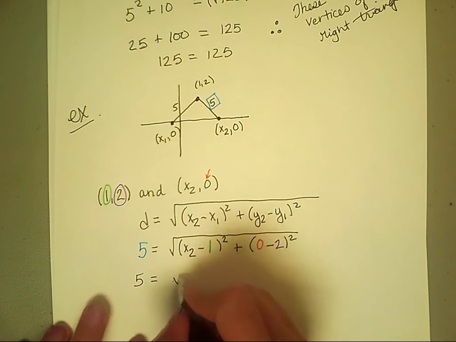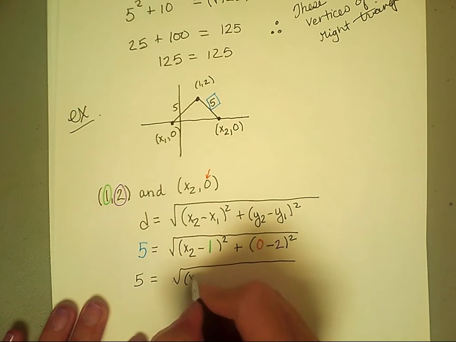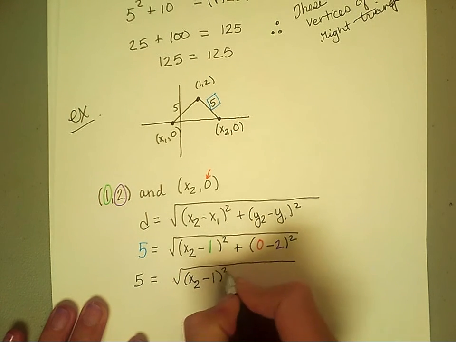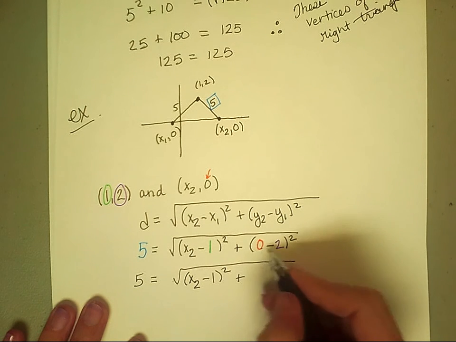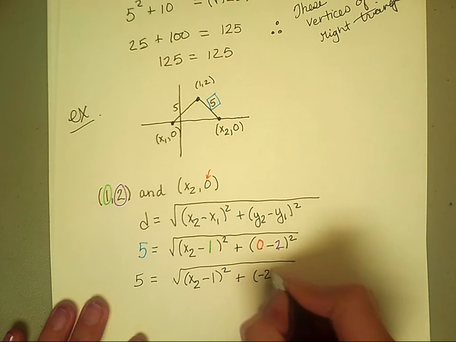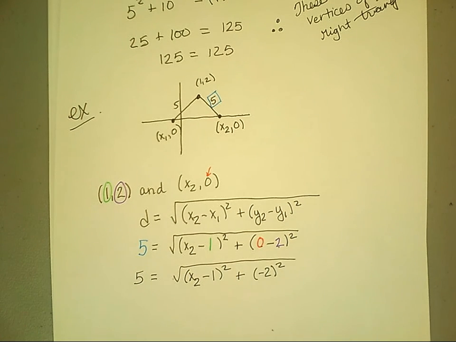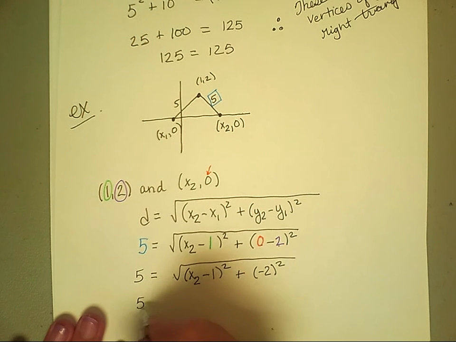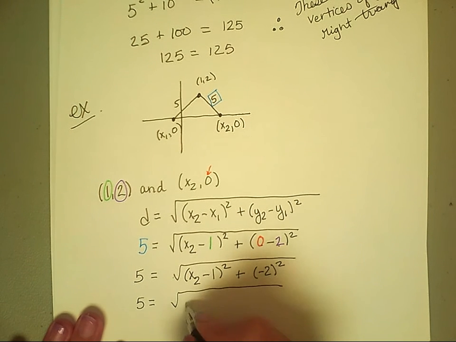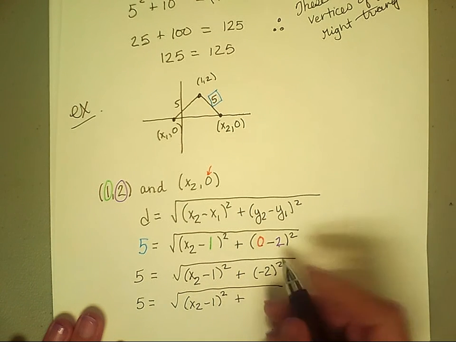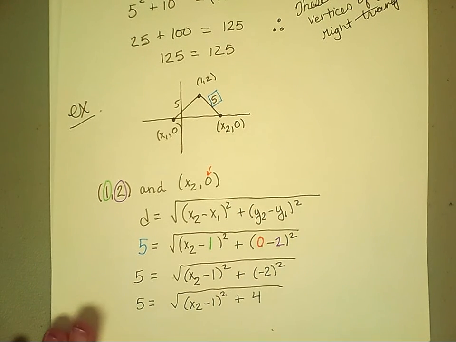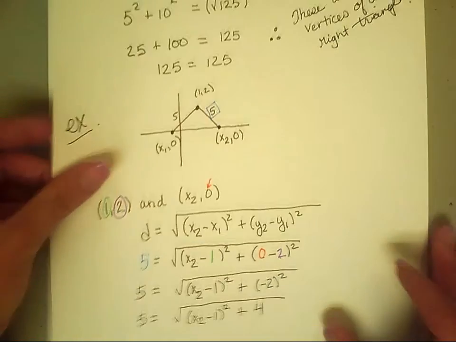Now, let's continue to solve this. So I'm looking for x2. Plus 0 minus 2 is minus 2 squared. So this is 5 is equal to the square root of x2 minus 1 squared plus negative 2 squared is 4. Okay.